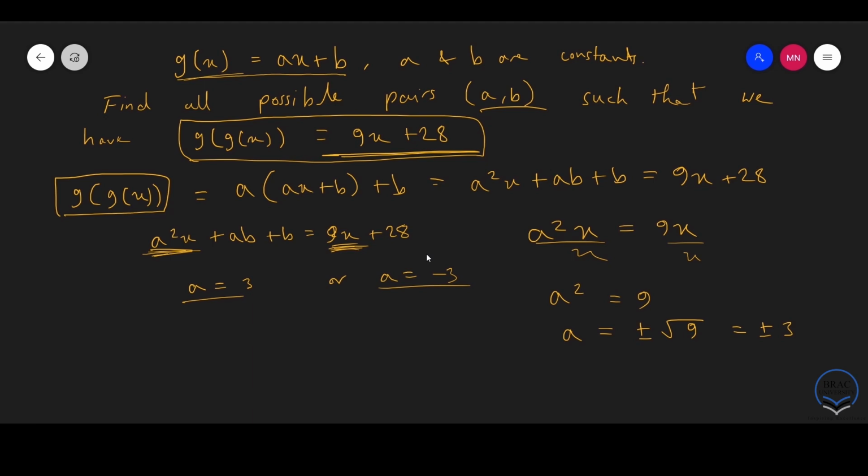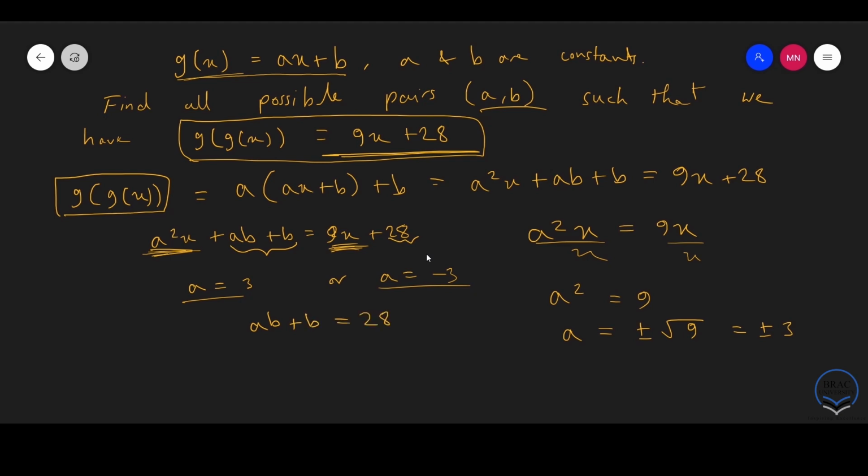We can also see that ab plus b is a constant on the left side, and on the right side we have 28 as a constant. So we can equate these two sides as well. So we have ab plus b is equal to 28.